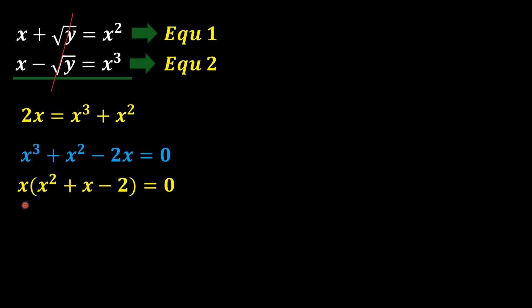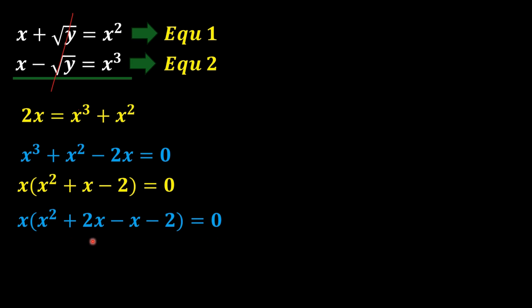After factorizing this equation, we should get x square plus 2x minus x minus 2. The common x from the entire equation will remain the same, and equal to 0 will remain the same.